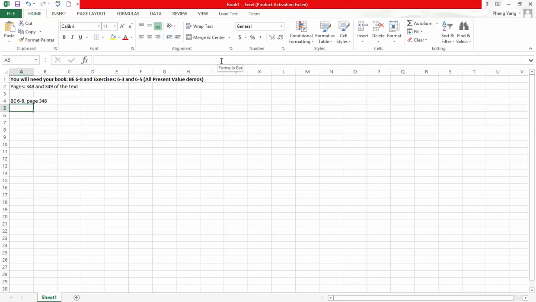Brief exercise 6-8. Canlis Mining Company borrowed money from a local bank. The note the company signed requires 5 annual installment payments of $10,000 beginning 1 year from today. The interest rate on the note is 7%. What amount did Canlis borrow? Okay, so we know that they borrowed an X amount.